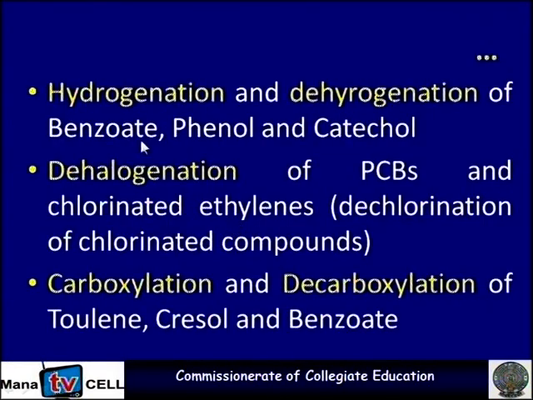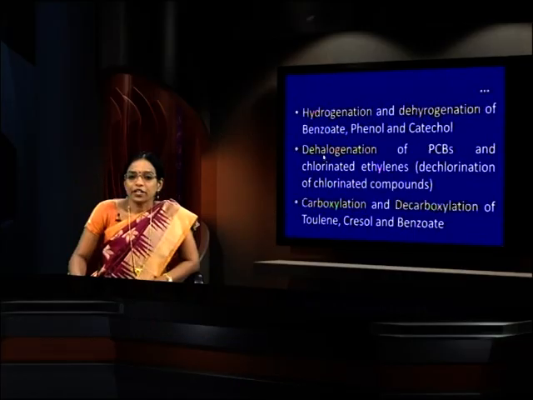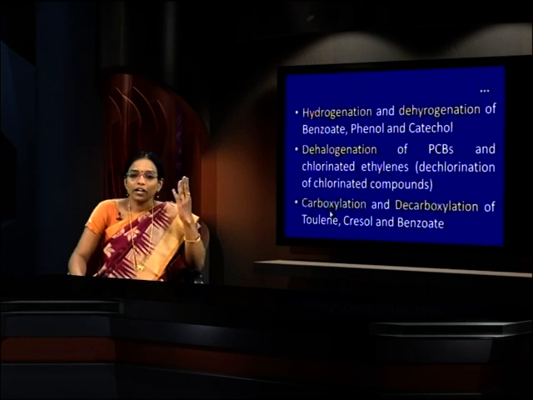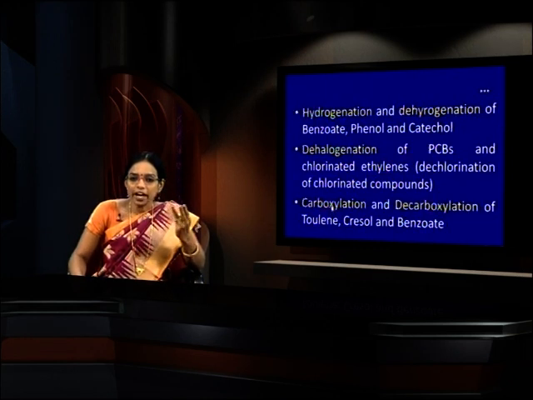So, what are the reactions here we are using? One is hydrogenation and dehydrogenation, second is dehalogenation, and third one is carboxylation and decarboxylation. Hydrogenation and dehydrogenation are applicable to degrade benzoate, phenol, catechol, and dehalogenation for PCBs and chlorinated ethylenes.